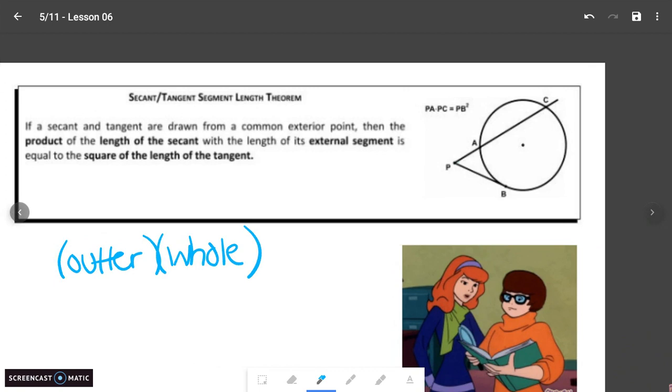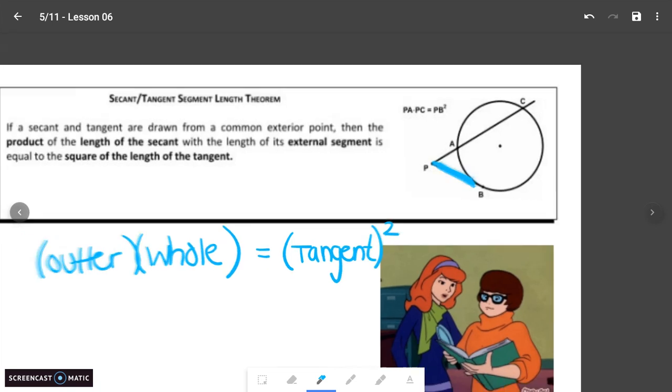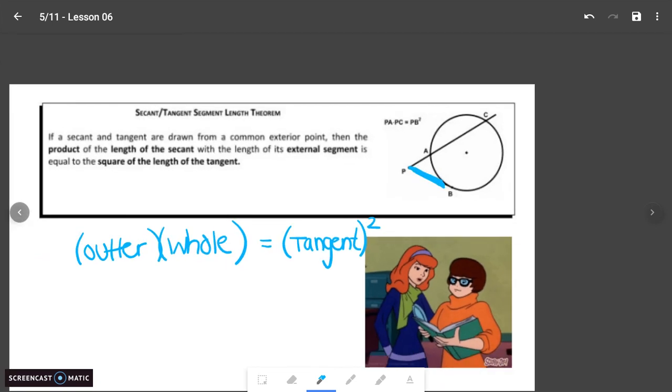The tangent is the outside piece and it's the whole thing. So instead of doing outer times whole, you're taking the tangent and multiplying it by itself, which is known as squaring it. And you have the girls Daphne and Velma looking into their textbook there.